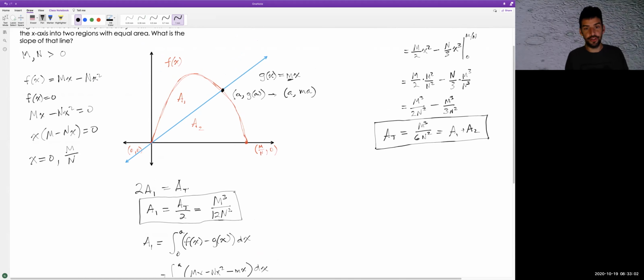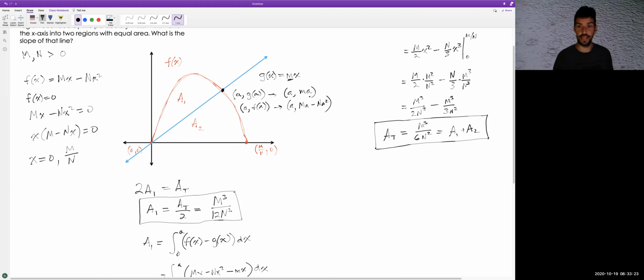Okay. So I've written down some information about this point. A is the point where they intersect, and I know A's y coordinate is g of a, but since it's on both curves, it also has to be f of a. In other words, this is going to be big M a minus n a squared, right?